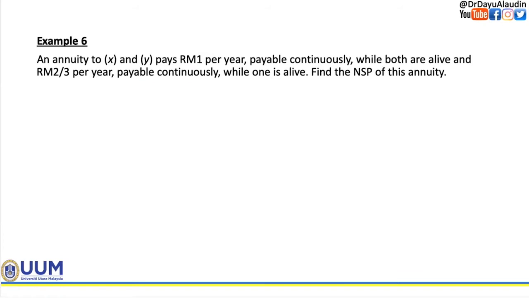Example 6. An annuity to X and Y pays RM1 per year, payable continuously while both are alive, and 2/3 per year, payable continuously while one is alive. This is for JLS.